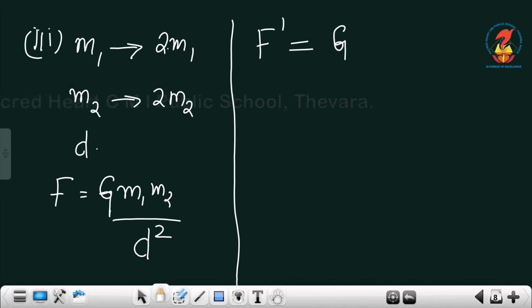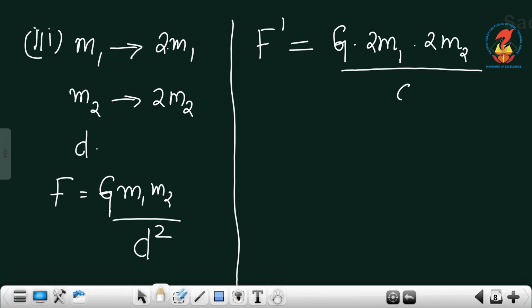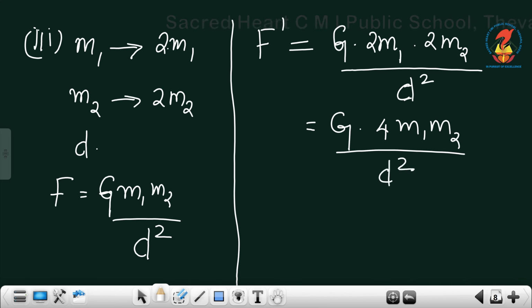F dash is equal to G into, instead of m1 it is doubled, so substitute it as 2m1, into the mass of the second object, which is also doubled, so 2m2, by d square. That is equal to G into 2m1 into 2m2, which is 4m1 m2, 2 into 2, 4m1 m2 by d square.